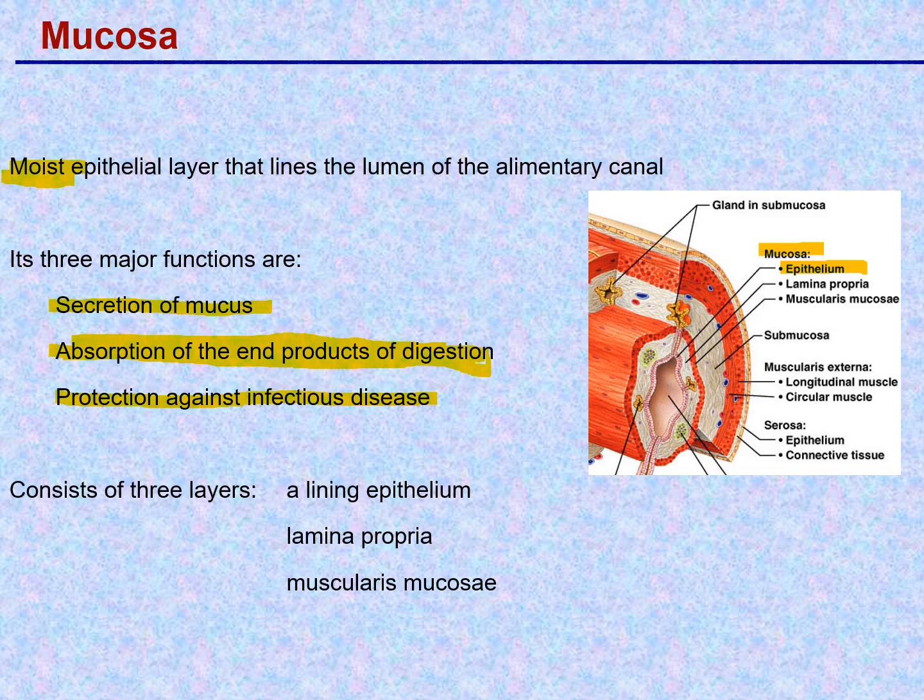The three layers of the mucosa are the epithelium, the lamina propria, and the muscularis mucosa. The epithelium, as I said, is a single layer. Just beneath that is the lamina propria, which is a layer of connective tissue. And just below that is the muscularis mucosa, which is a thin layer of smooth muscle.